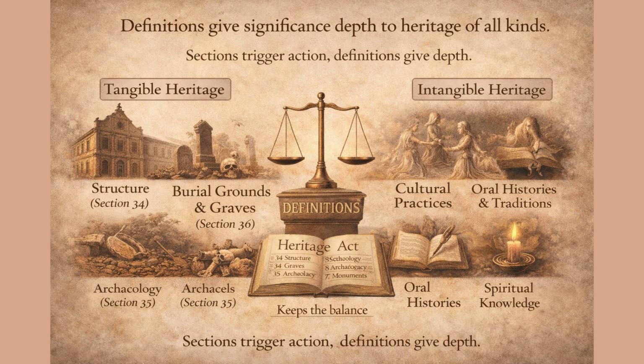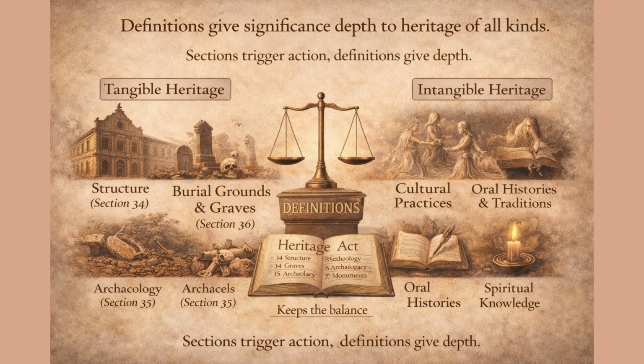So the same logic applies to any heritage element, whether it's an artifact, a place, or a practice. The key is always how we define and recognize the significance, not just the category of the item. So every section in the act has a different focus, and the definitions are the foundation for everything.